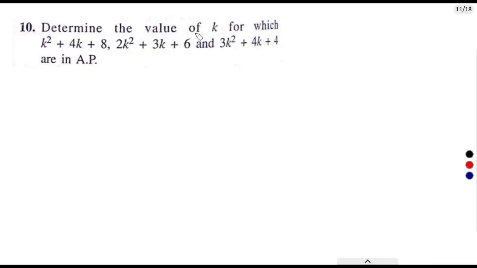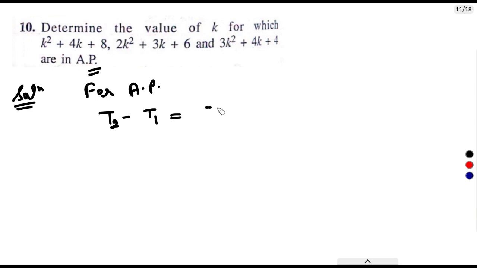10th question, determine the value of k for which these are in AP. Similar to question number 9. For AP, difference will be common, constant.